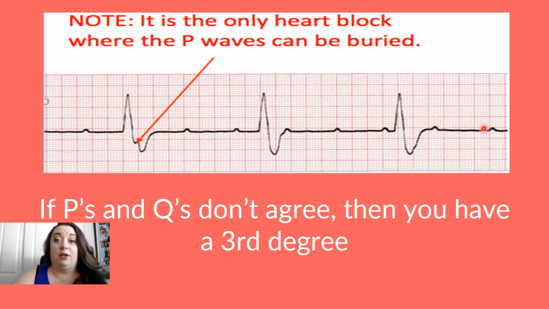My SA node is firing at 90 beats a minute. And as it fires, nothing's getting to my ventricles. So if your ventricles are not being told what to do, they will fire on their own, which is your Purkinje fibers. And that's why we have to know that the Purkinje fiber rate is 15 to 40, because if they're not being told what to do, they're eventually going to kick in.